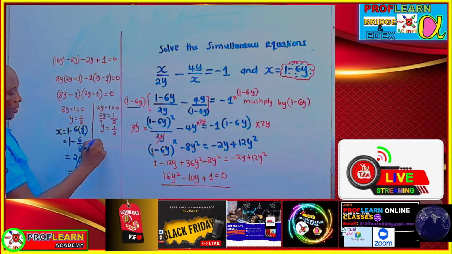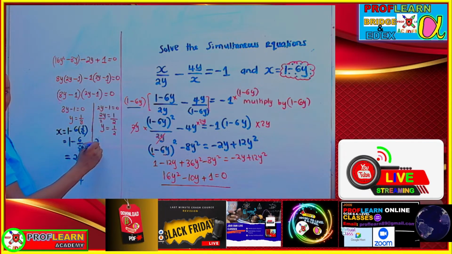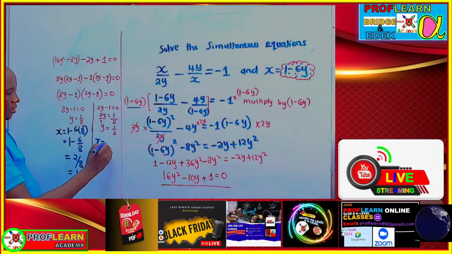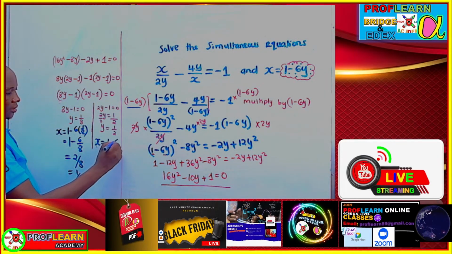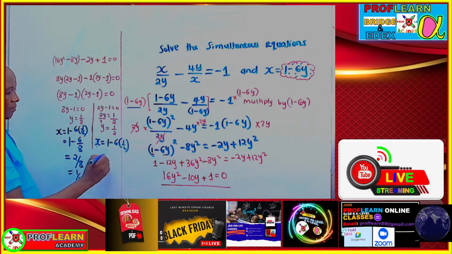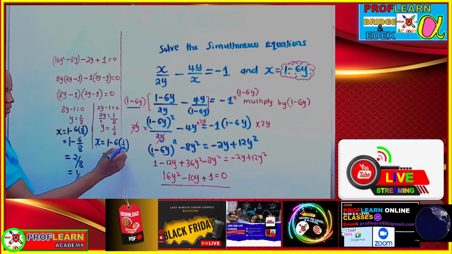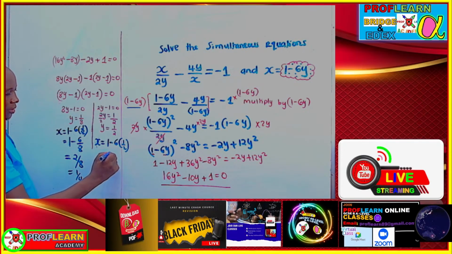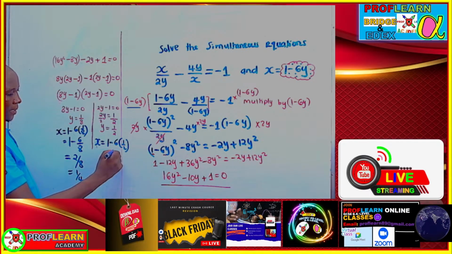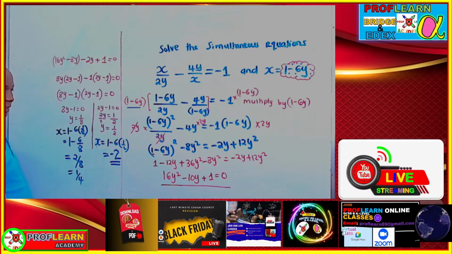And in this case, x is going to give us 1 minus 6 into 1 over 2, and that is going to give us, this will be 3, so this is going to be minus 2 as the final answer.